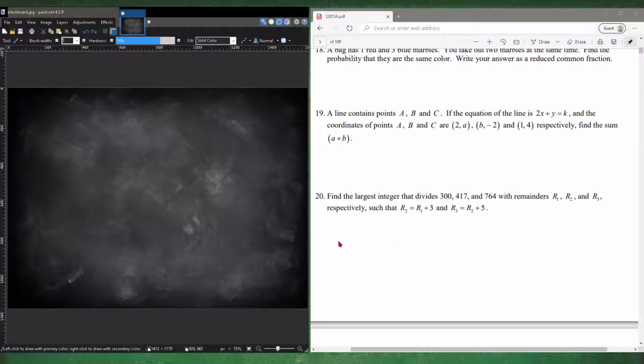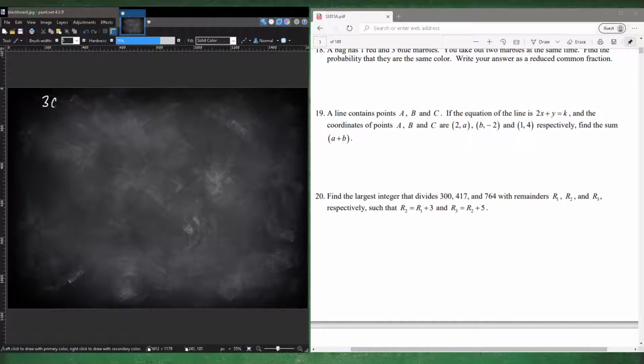Number 20. Find the largest integer that divides 300, 417, and 664 with the remainders r1, r2, r3, respectively, such that r2 equals r1 plus 3 and r3 equals r2 plus 5. So we have 3 numbers and we need to divide them by some kind of integer.